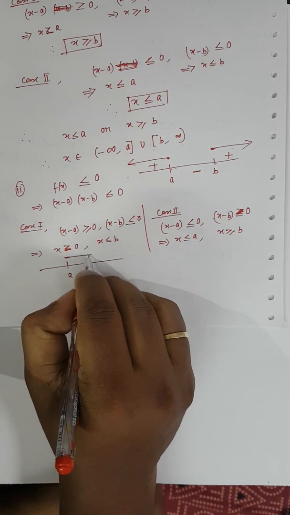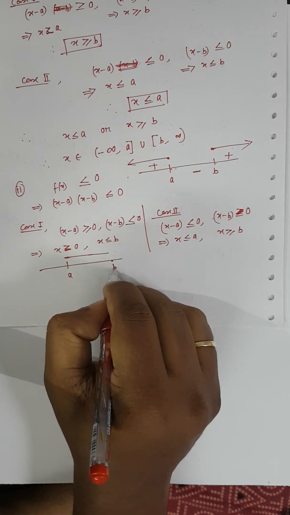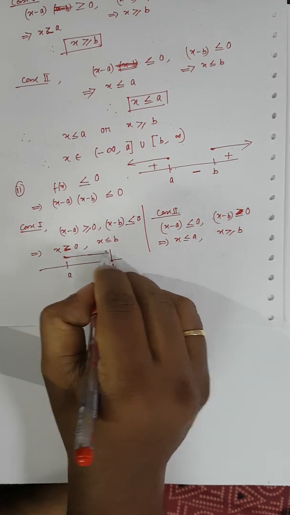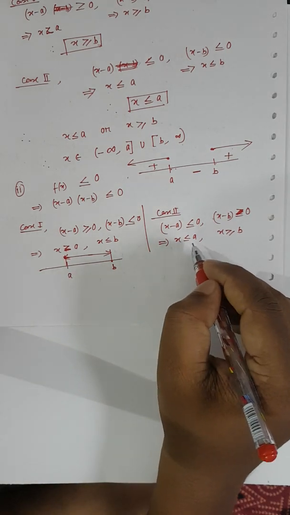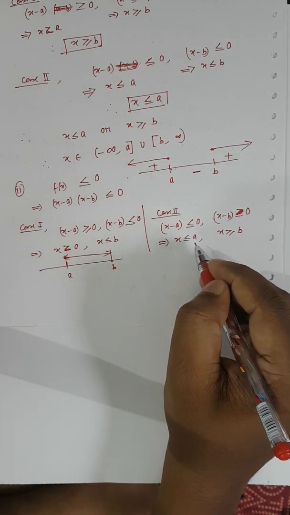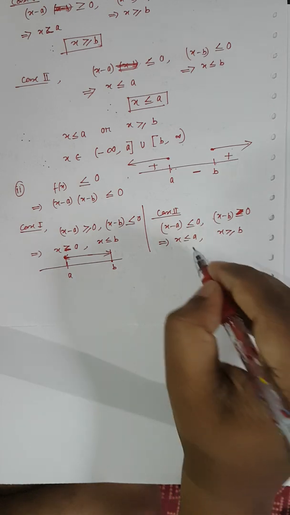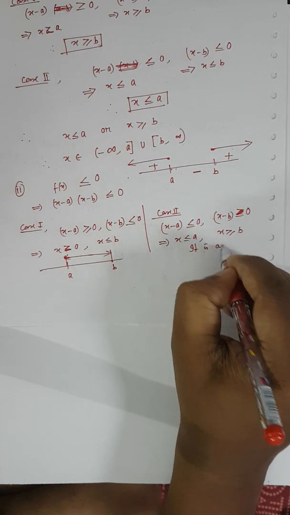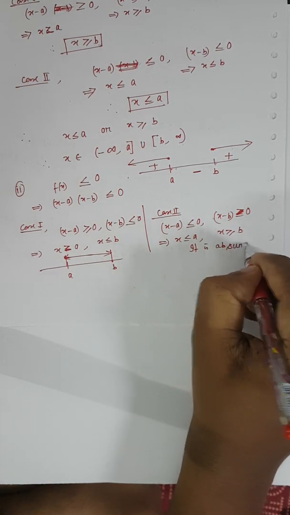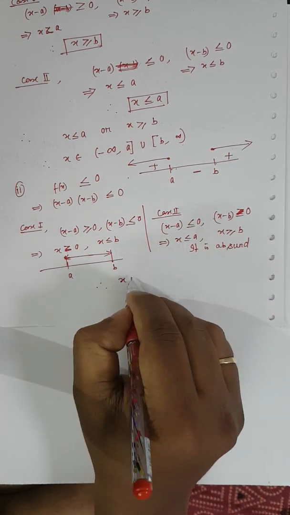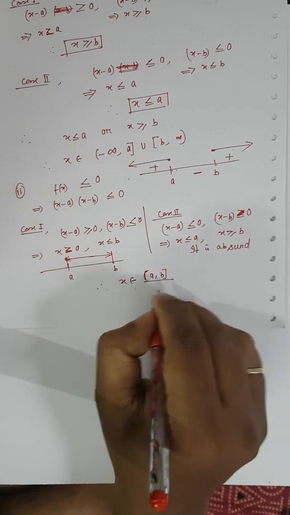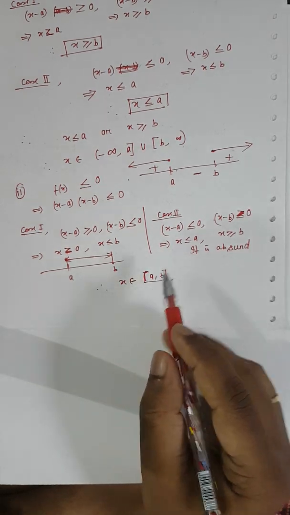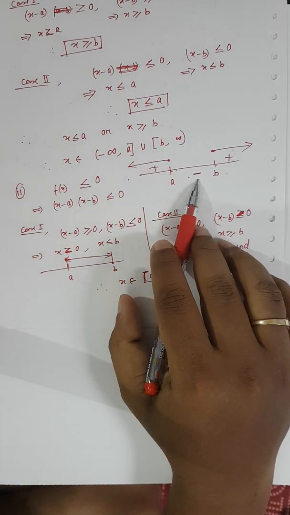It is not possible for a number x to be less than a and greater than b at the same time. So it is absurd. So x will be in between a and b, and when the value of x is in between a and b, it will be negative.